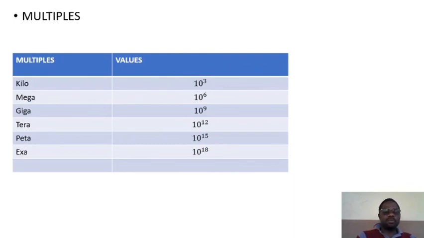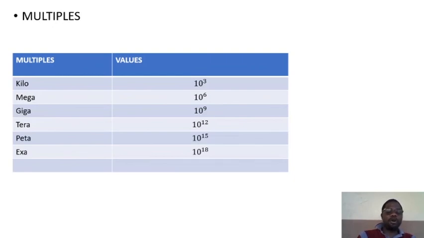Then in the multiples, we have kilo 10 raised to power 3, mega 10 raised to power 6, giga 10 raised to power 9, tera 10 raised to power 12, theta 10 raised to power 15, exa 10 raised to power 18, and so on.